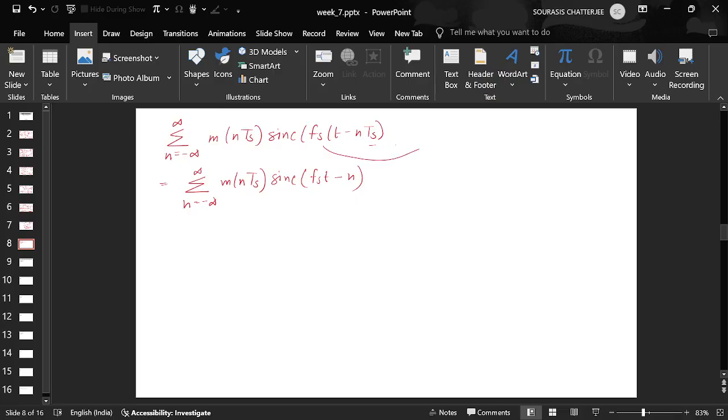So you can see from this term here, these are shifted sinc pulses by integer multiple of sampling period amount, and the amplitude of the sinc pulses are scaled by the original message amplitude at those particular integer multiples of fundamental period.